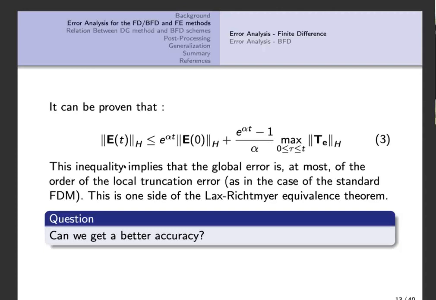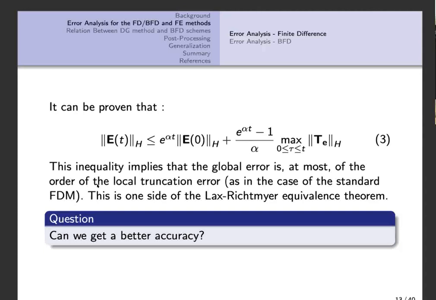So this inequality implies basically that the global error is at most of the order of the local truncation error. Usually the order is the same in the standard FDM. And this is one side of the Lax-Richtmyer equivalence theorem.